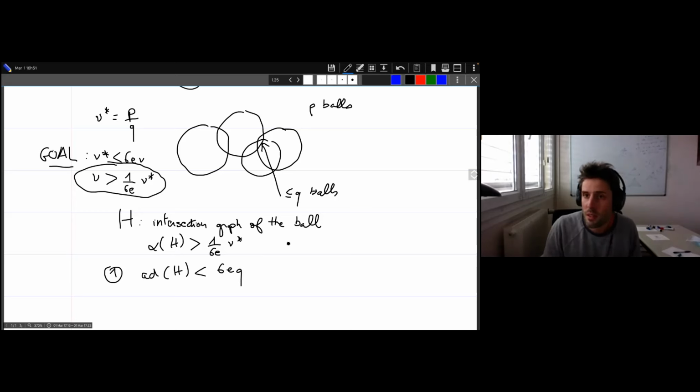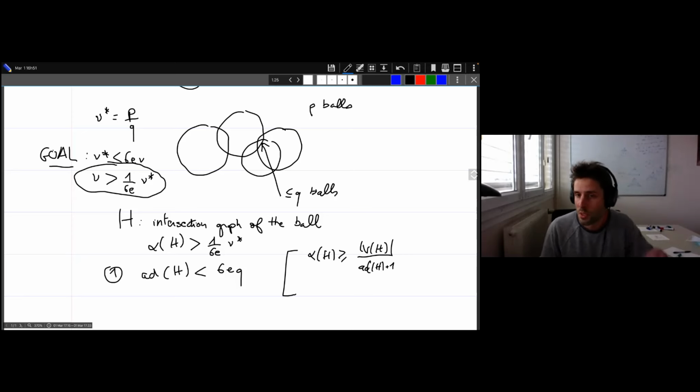Why are we done if we prove this? Well, if you have a graph on n vertices that has average degree at most d, then it has an independent set of size at least n divided by d. It's a general result: alpha of H is at least the number of vertices of H divided by the average degree of H plus 1.